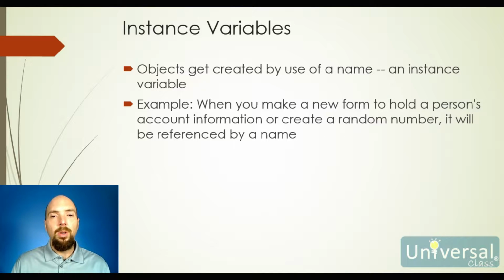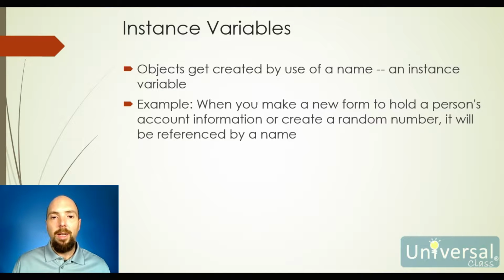Alright, so then we have these things called instance variables, and this is going to be everything that I create; everything has to have a name. Let's say I bring up the calculator for Windows. What will happen is the system will provide a section of memory that allocates all of the resources that are required by that calculator.